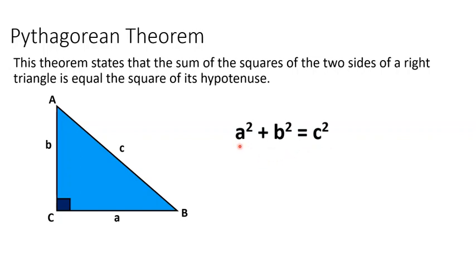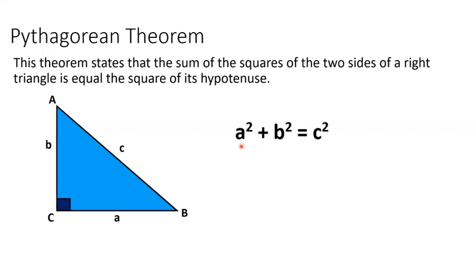These letters depend on the label of a right triangle. It just happened that we have A, B, and C as our sides. These A, B, C are the three sides of the right triangle, but they can vary depending on the label.